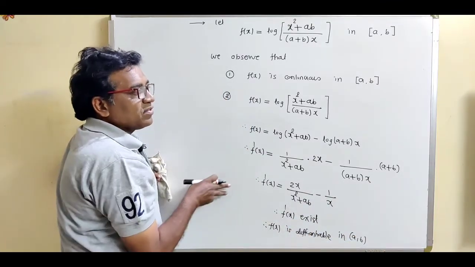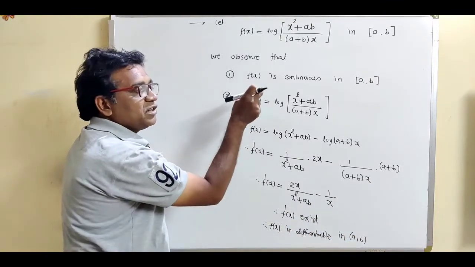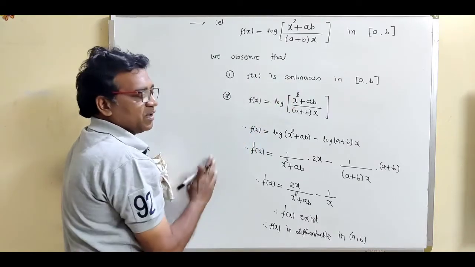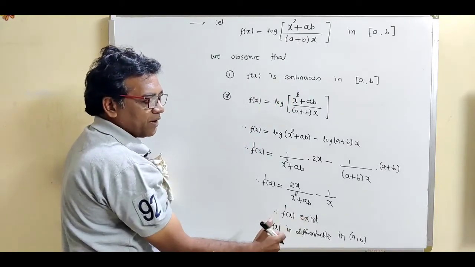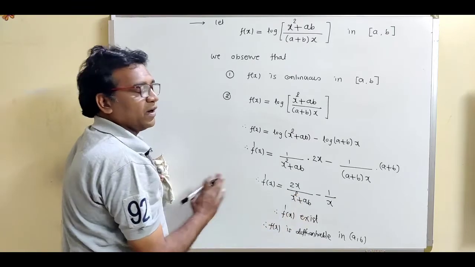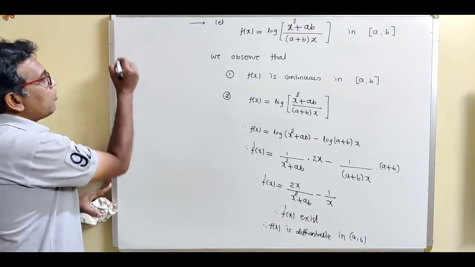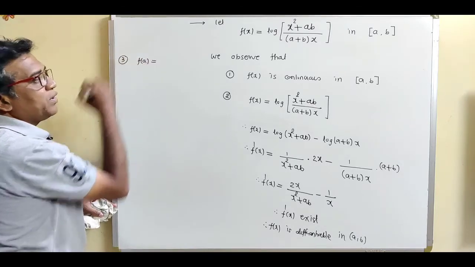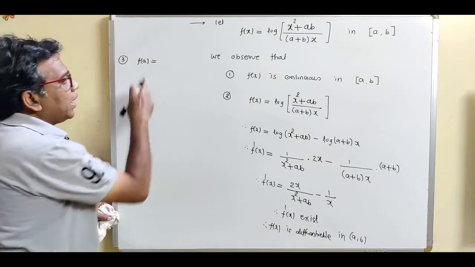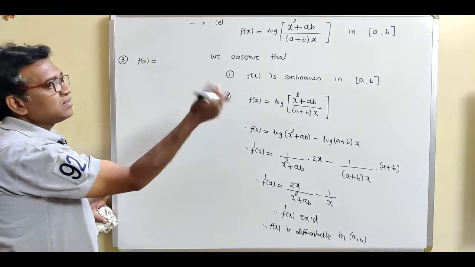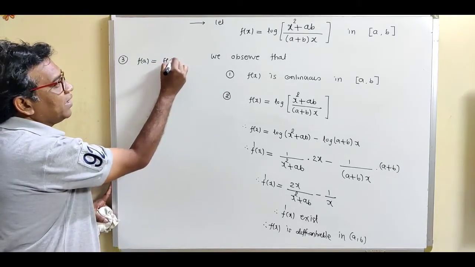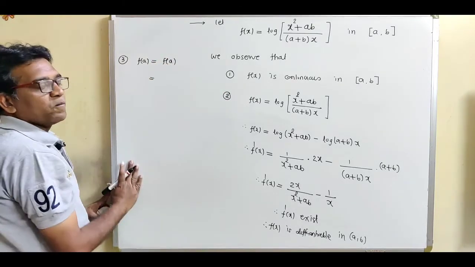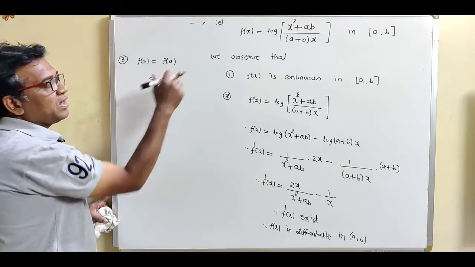So remember this concept. For continuity, we have to write the closed interval, and for differentiability, we have to use the open interval. Now verify the third condition, that is f of a, where a is the initial point. Put x equal to a in the given function.